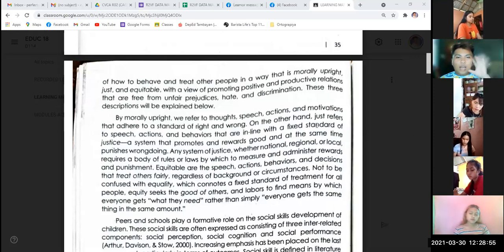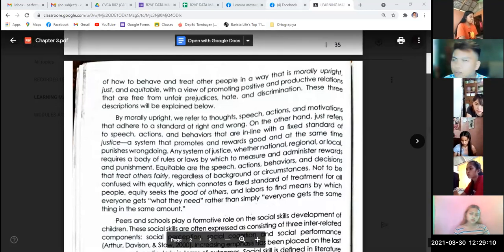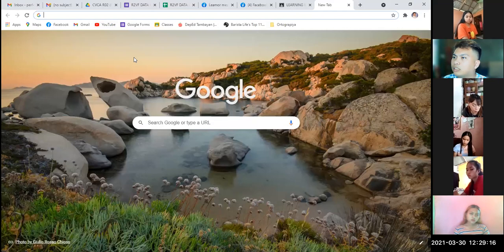When we say equality, we are providing equal opportunity for everyone. Let me look for a picture of equality.